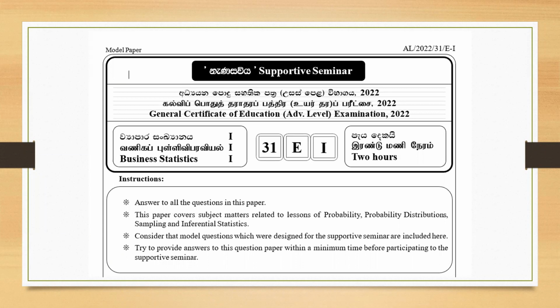So anyway, in this session, I will try my best to give some directions to identify how we can select the correct answers for MCQ questions, especially in the sampling and inferential statistics part.